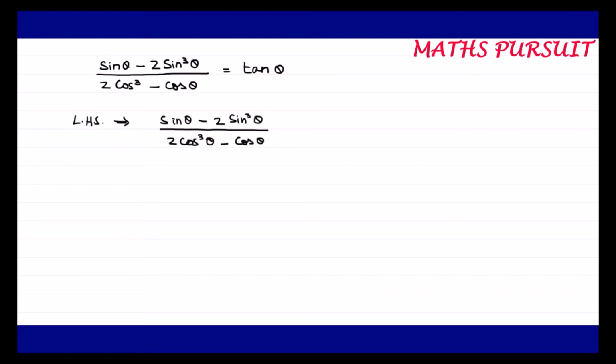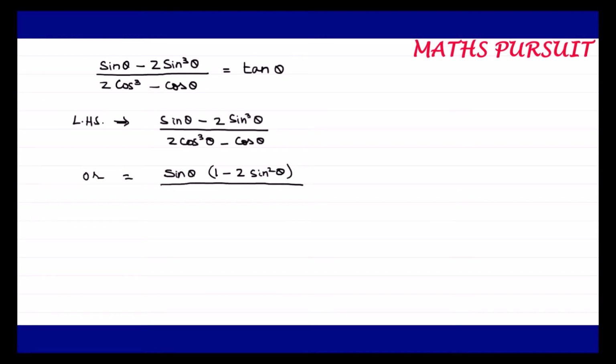Now from the given expression, I can take sin theta as common in the numerator, and in the denominator I can take cos theta as common. So let's see what I mean by taking as common. The expression in the numerator is 1 minus 2 sin square theta. Hope guys till here it is pretty clear.